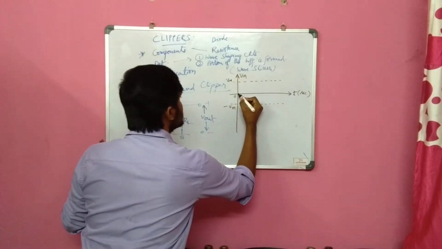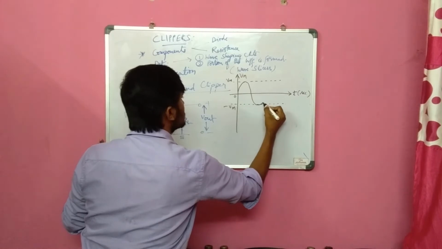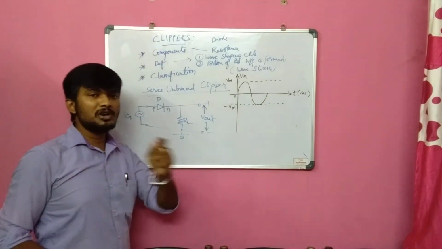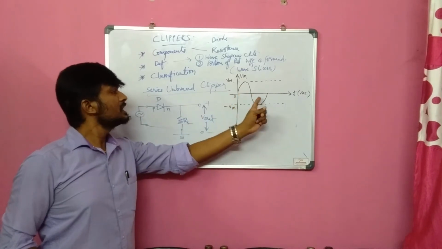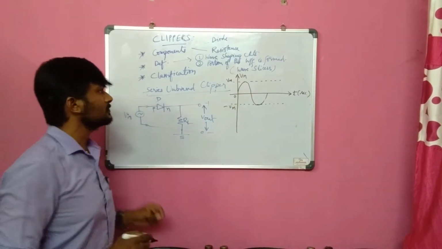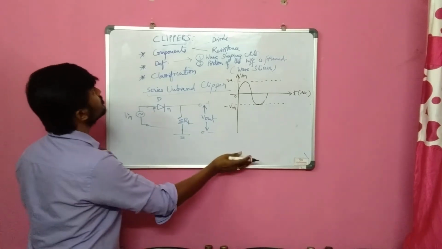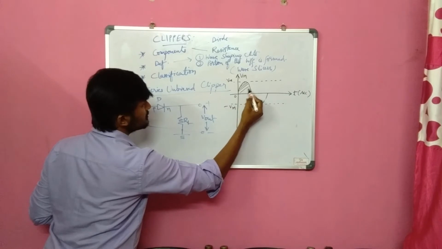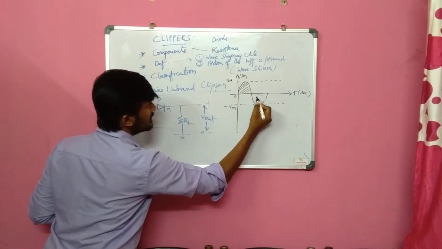A sinusoidal wave always passes through the origin. For convenience, I have assumed only one full cycle: one positive half cycle and one negative half cycle together comprise one full cycle. All these are positive values, and all these are negative values.